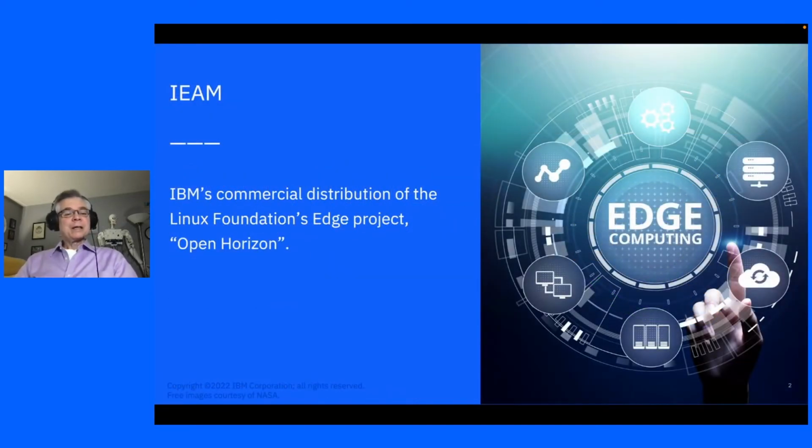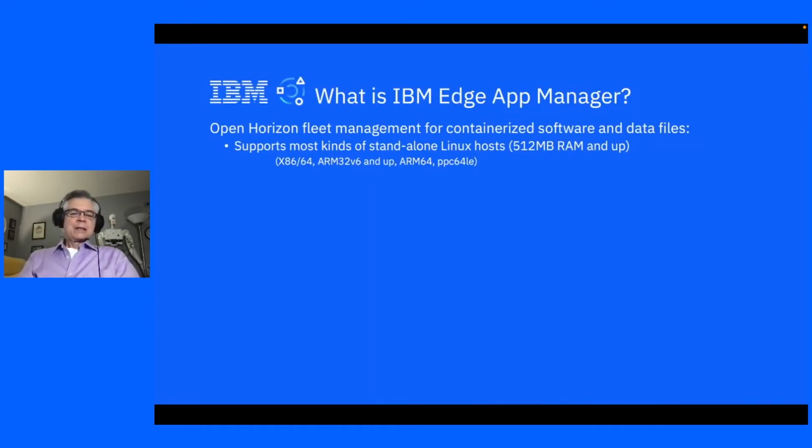So what is IEAM? Well, it's IBM's commercial distribution of the Linux Foundation's Edge project called Open Horizon. And Open Horizon is fleet management for containerized software and data files. So it supports most kinds of standalone Linux hosts with 512 megabytes of RAM and up.